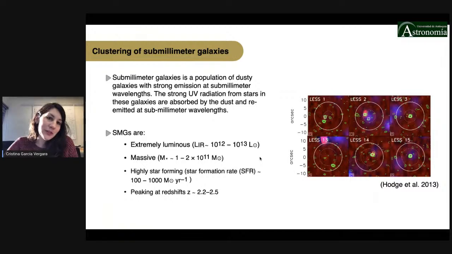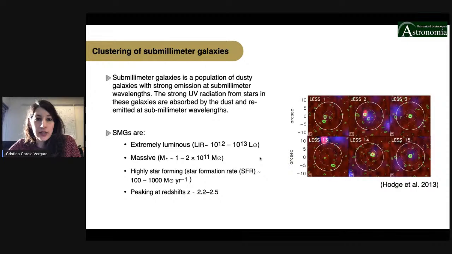So at these wavelengths, the population that we can detect are the sub-millimeter galaxies. This is a population of dusty galaxies that has a strong emission at sub-millimeter wavelengths.